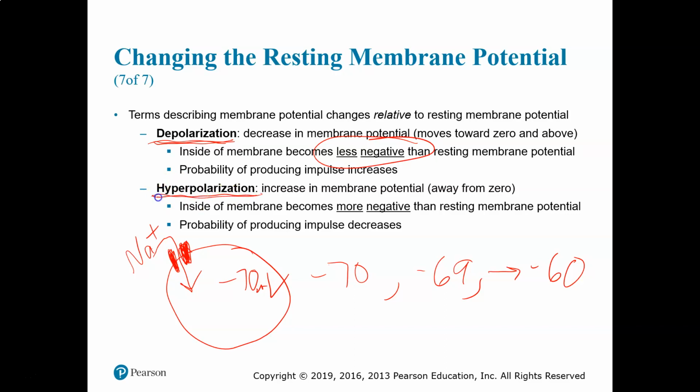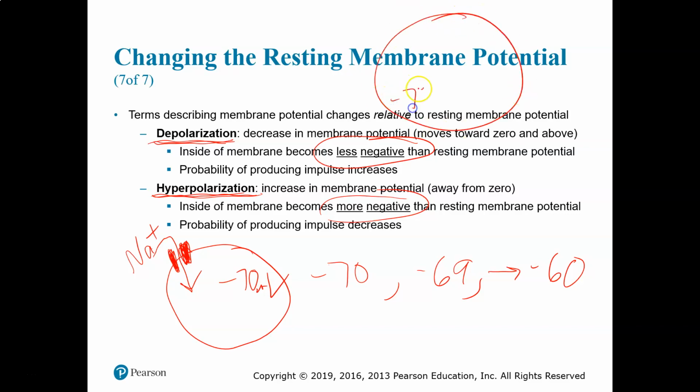Hyperpolarization means that potassium ions leave the cell and the membrane becomes more negative. So if we were to have a cell just like this one that was at -70, I'm just going to draw it up here.